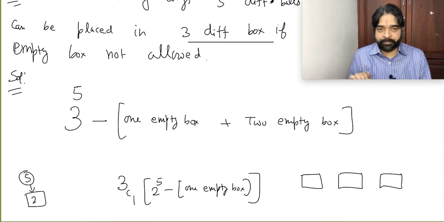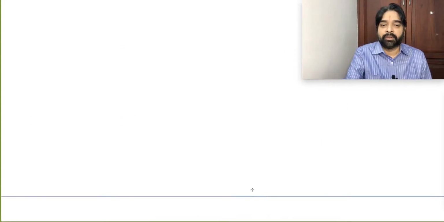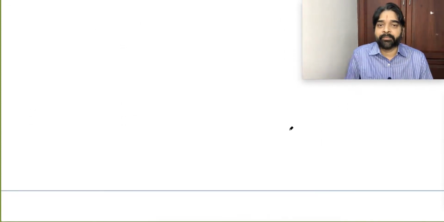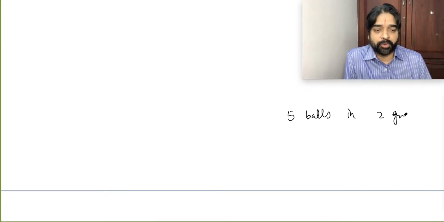Look at it. I know some people will cry. What you are doing? So tribute to those people. 5 balls. New question. 5 balls in 2 groups, no empty group. So first free distribution, 2 power 5, minus.